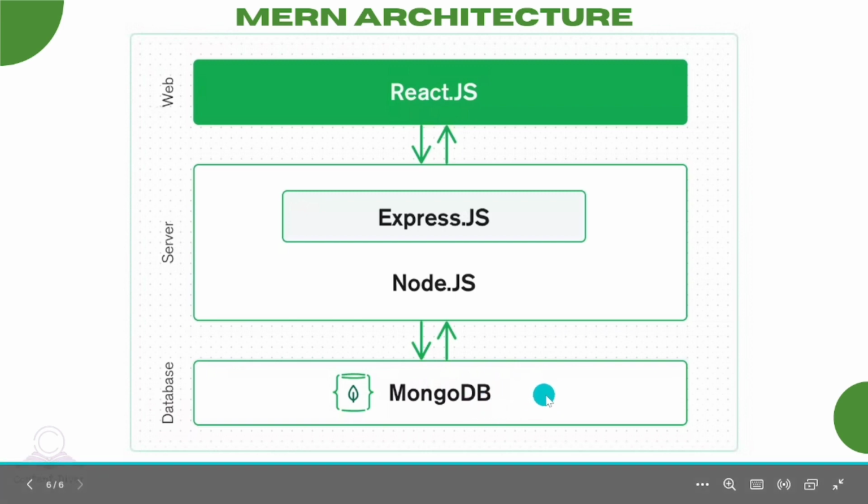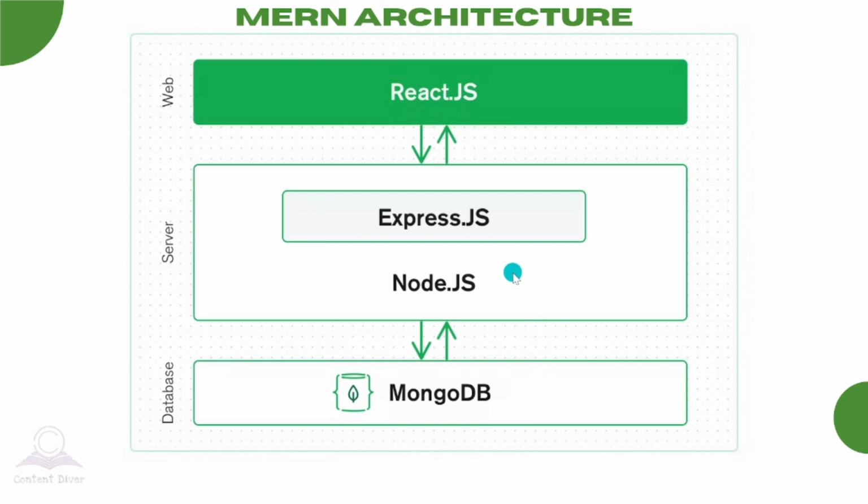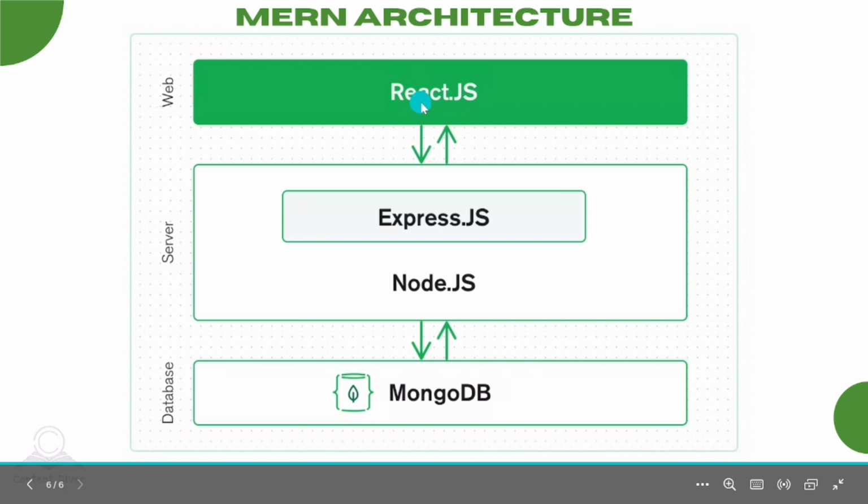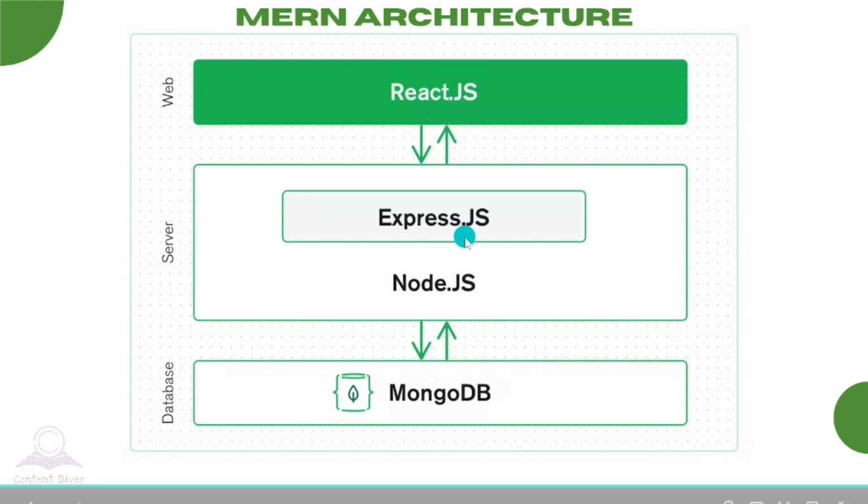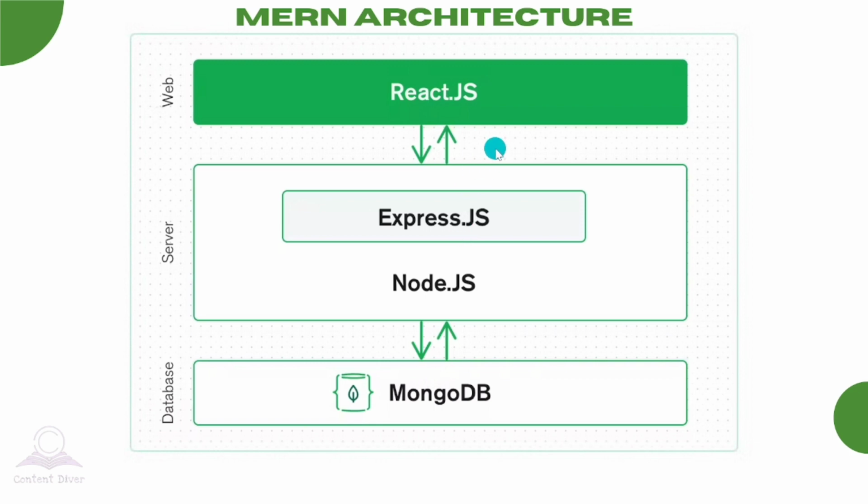MongoDB checks inside the database, and if it exists, it returns the data. The response is then sent from Express.js to React, which gets the requested data. This is the architecture: from front end to server, then server to database, and again from database to server, and then to the web.